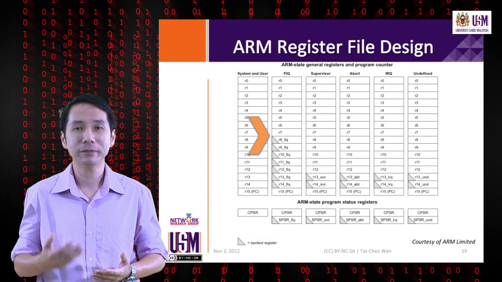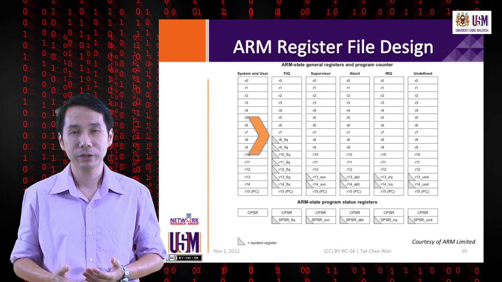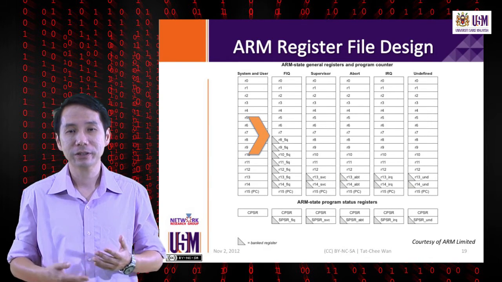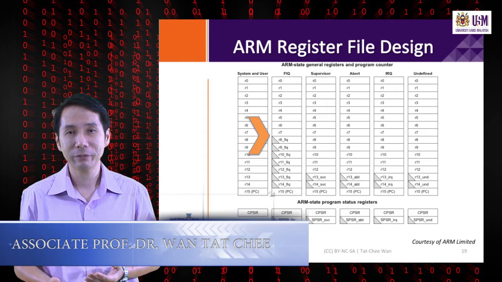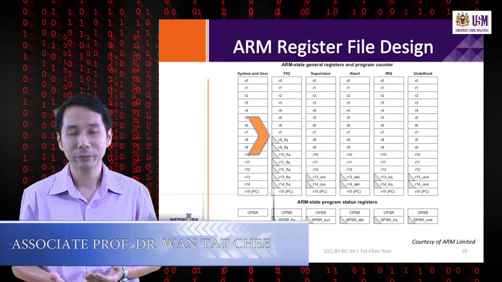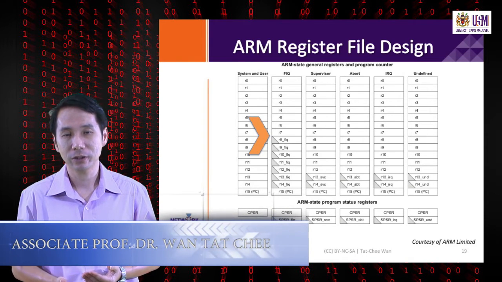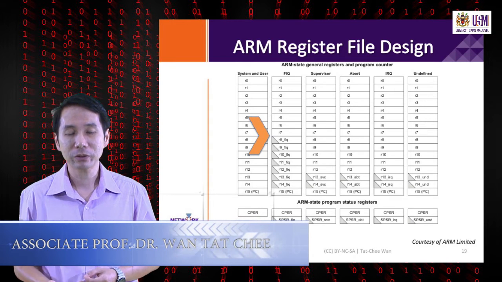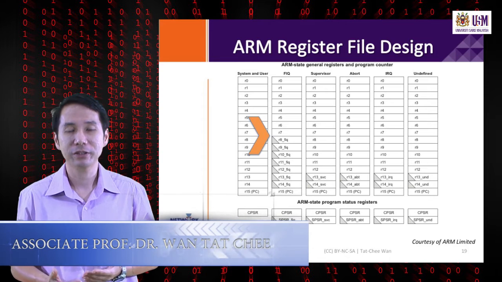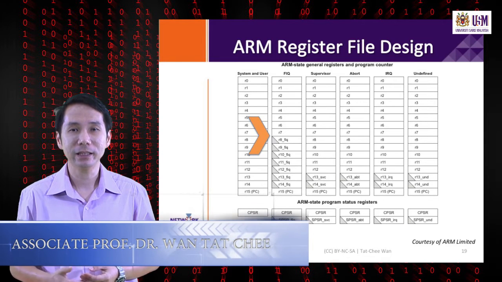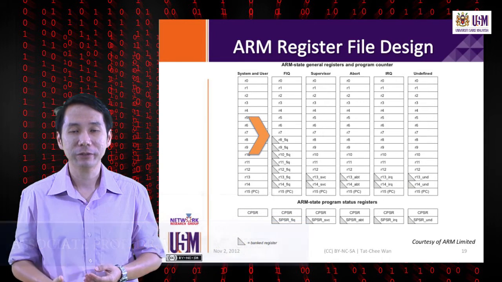Next, we see the fast interrupt mode registers. The registers R0 to R7 are shared with the other states. In other words, they are the same registers, but they are represented here in a separate column. Now, the subsequent registers with the shaded triangle are what are called banked registers, meaning that they only exist in that mode, which is the FIQ mode.